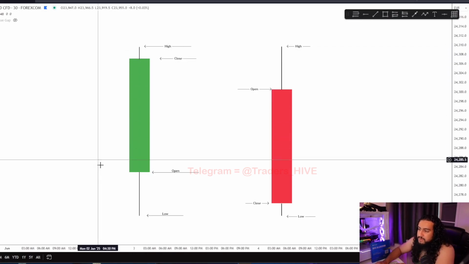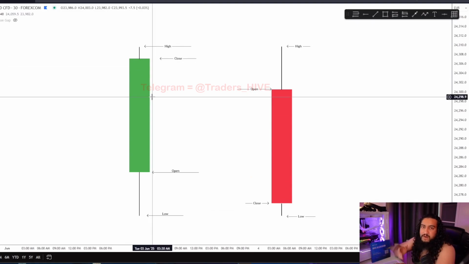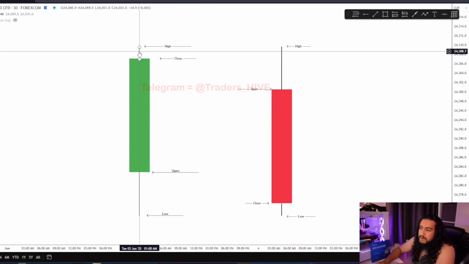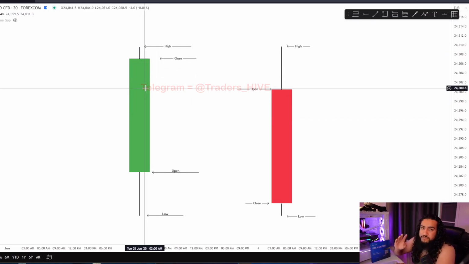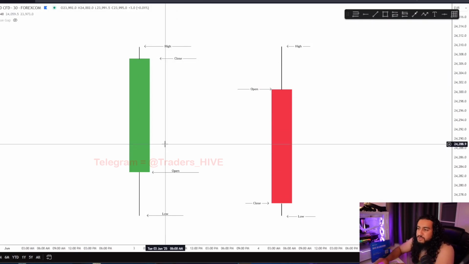So this tells me what price did throughout that 1 hour. Obviously when you start dropping time frames, you can look at the 15 minutes. So you can look at the four 15 minute candles within this 1 hour candle and see what price did exactly on the lower time frames.